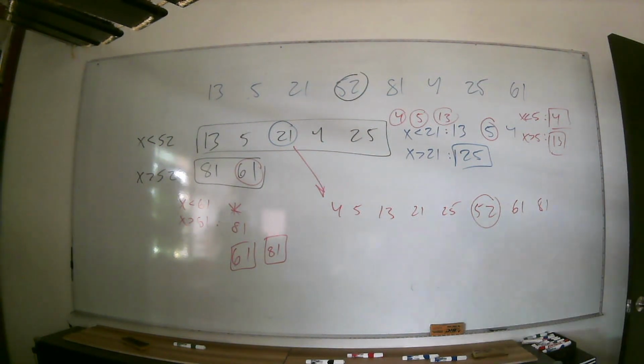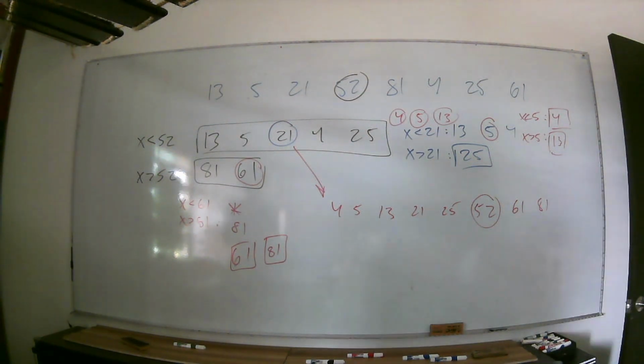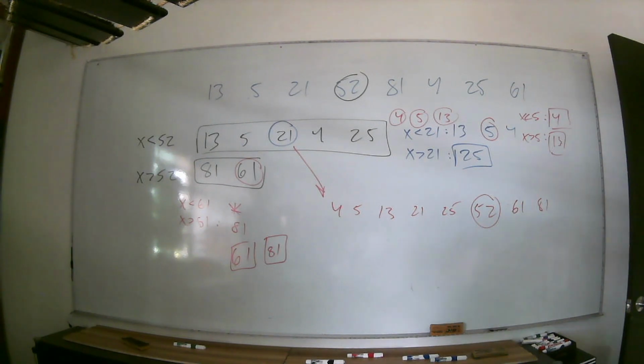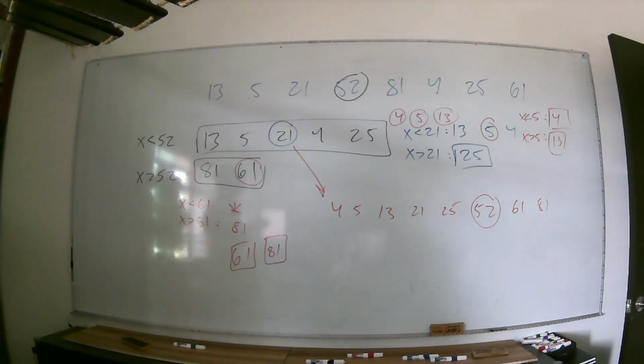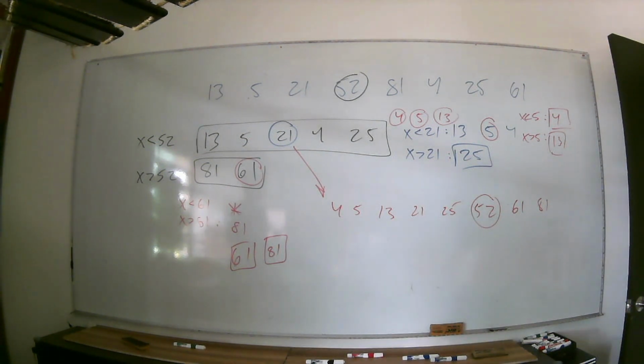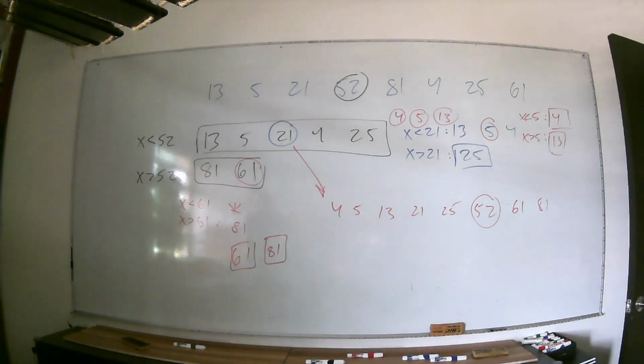And I would really recommend, if you've been comfortable with the previous homeworks, that you really pay attention to this part in the book, that you work out how this code works, especially since this code isn't copying this stuff to other arrays. It's very cleverly moving things from one position to another to make sure that all the ones less than the pivot are going to be on the left side, and all the larger than the pivot are going to be on the right side.